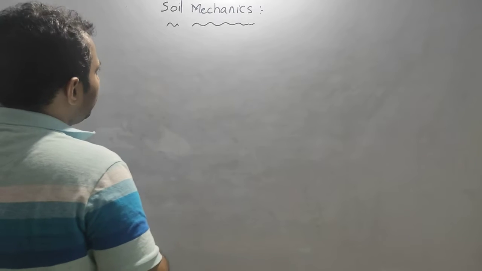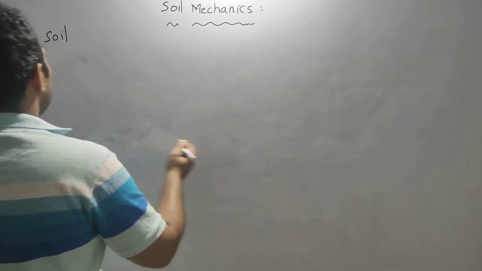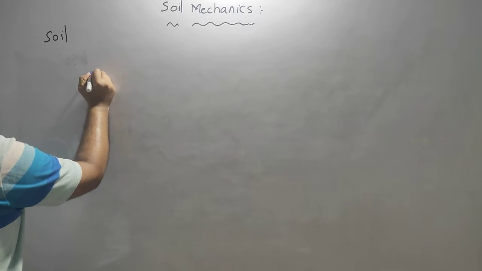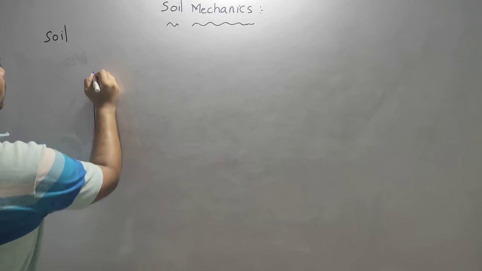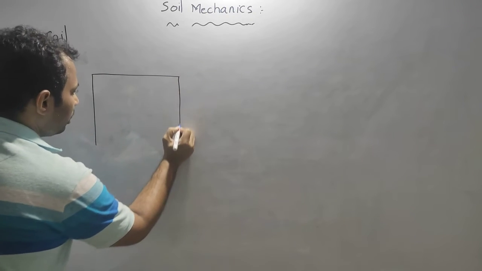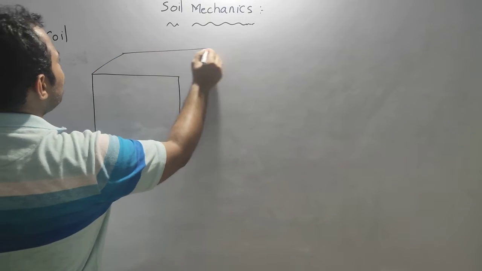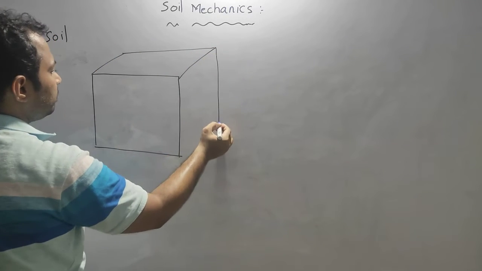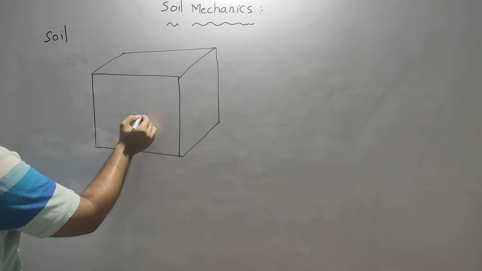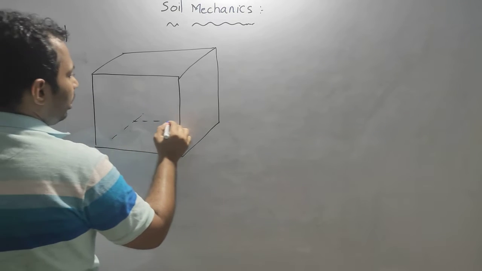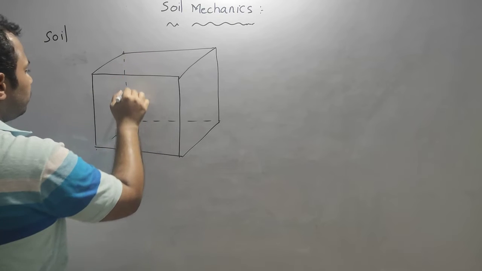Now, for example, I will take a cube like this. This is a cube of unit dimension, so I will take all the dimensions as unit.